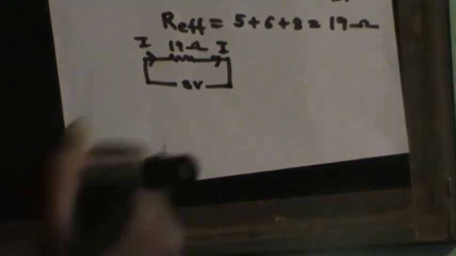So this circuit is now similar to this circuit, in which the resistor is 19 ohms and the voltage supplied across the ends of this resistor is 8 volts, and we have been asked the value of I. So we can simply put V equals IR, because the potential difference across these 2 points is equal to the potential difference across these 2 points.